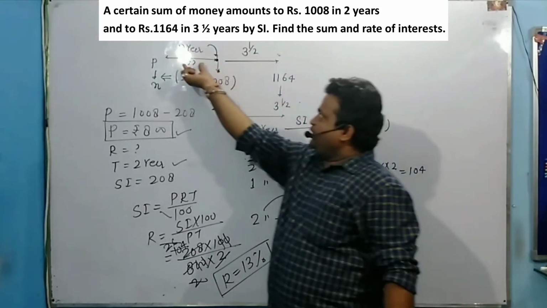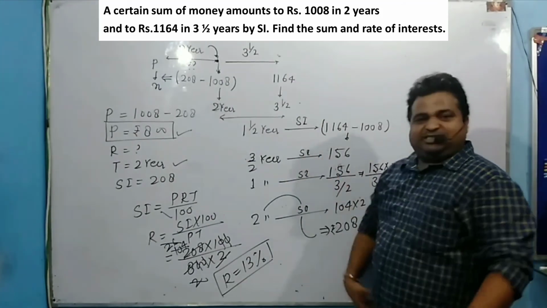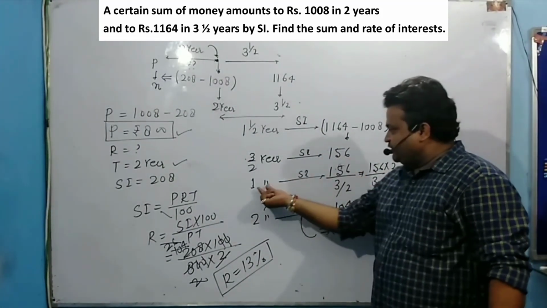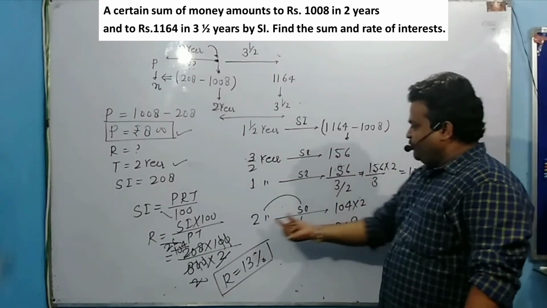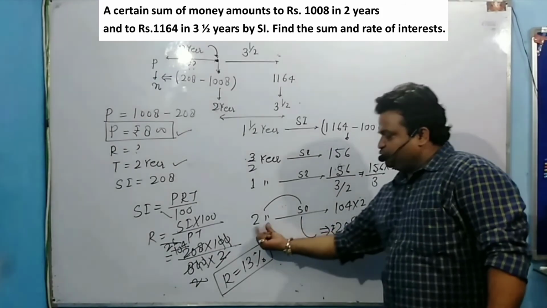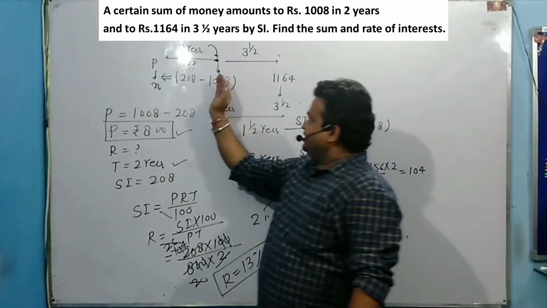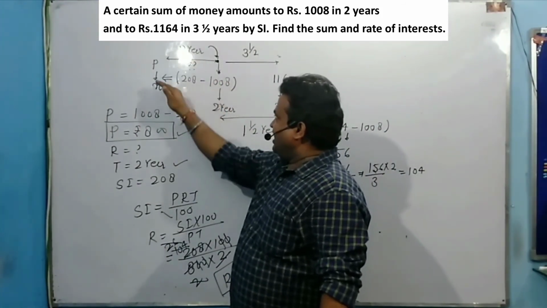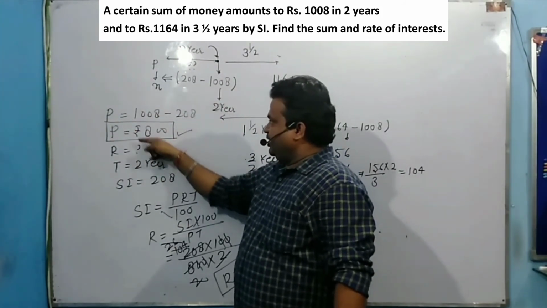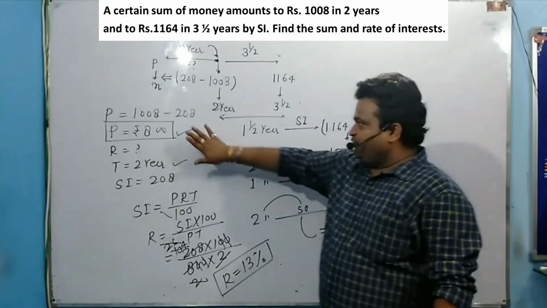So I need to calculate the 2 year value. It's a simple mathematical equation: if the 1.5 year value is 156, divide for the 1 year value, then multiply by 2 for the 2 year value. So you will get 208 as the 2 years simple interest value. So 2 years back, what is the principal value? 1008 minus 208, so you will get 800, your principal amount. This is your first question solved.